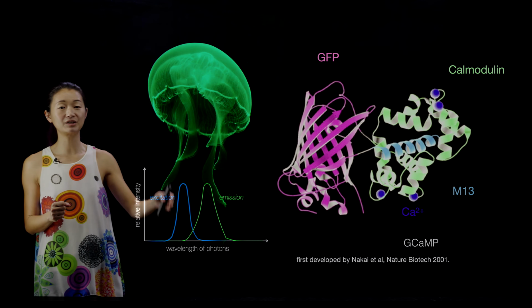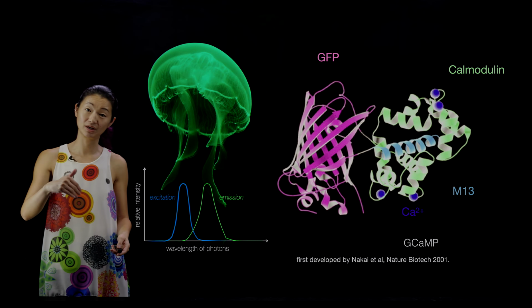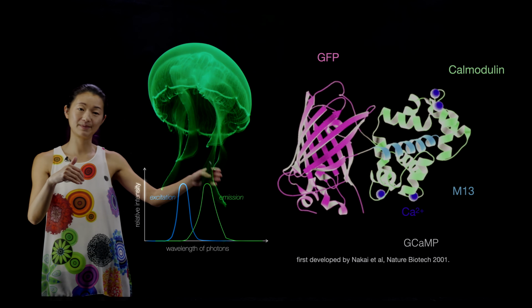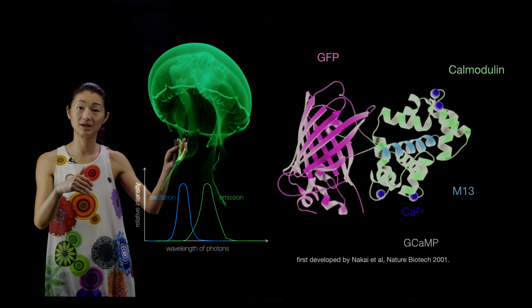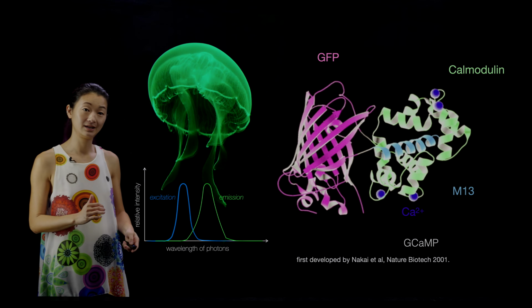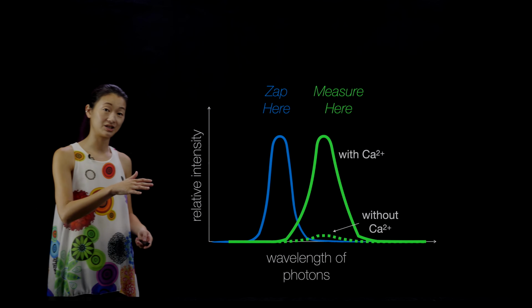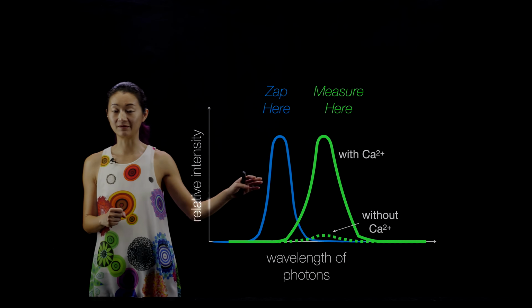The excitation spectrum is where you have to zap the GFP, hit it with photons of that wavelength, and then you measure at the peak of the emission to see if the GFP is emitting photons. Same exact thing here with GCaMP, except that the emission and excitation spectra depend on the presence or the absence of calcium.